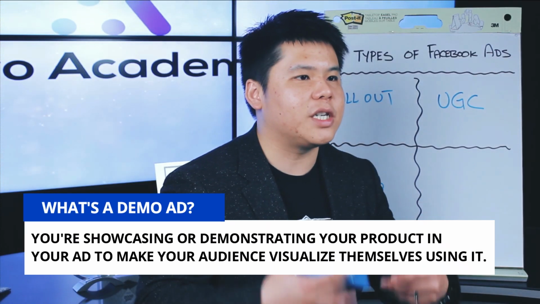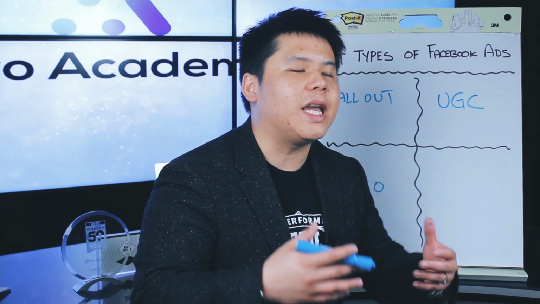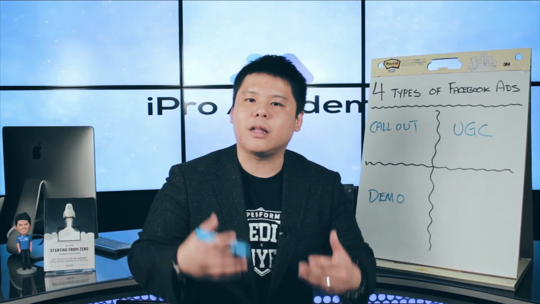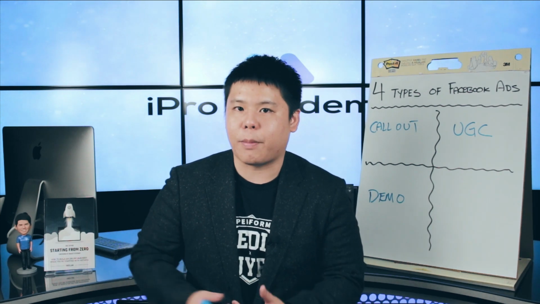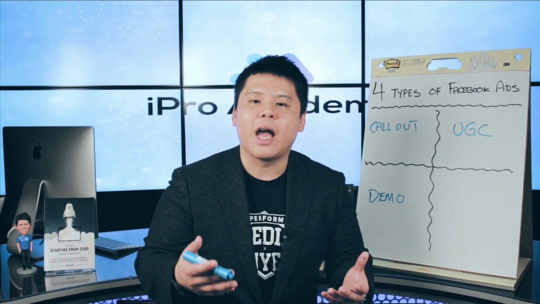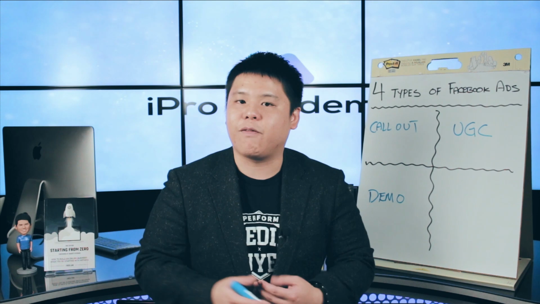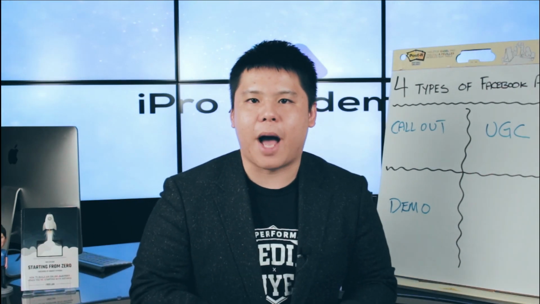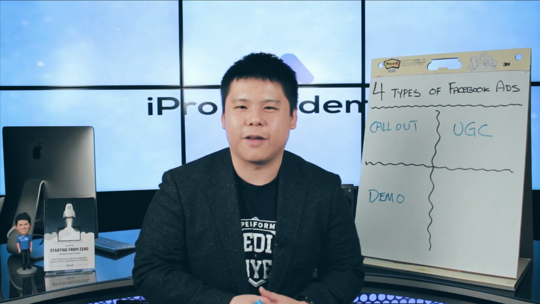Because when people can see the video of how your product is being used, they can be in the position of a user. You're instantly painting the picture in their mind about them using that particular product that you are selling. And if they can see how it can change their life or save them time or save them money, they're most likely going to buy. And at the end of the day, you're basically having the product do all the selling for you.